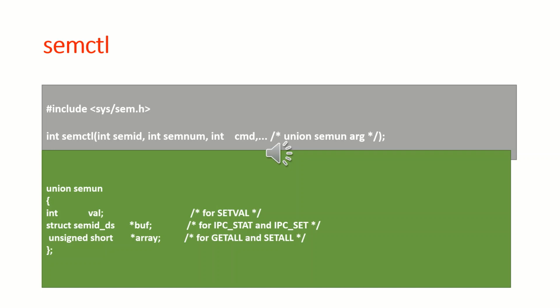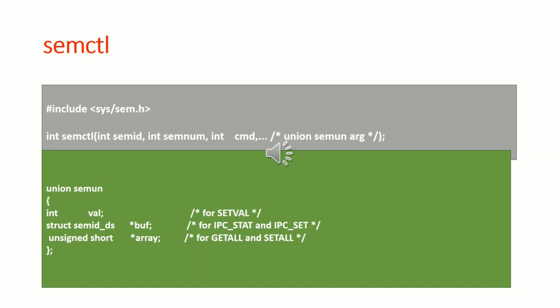Here the semctl function, the semaphore control function, is the catch-all for various semaphore operations. This includes the sys/sem.h header file.